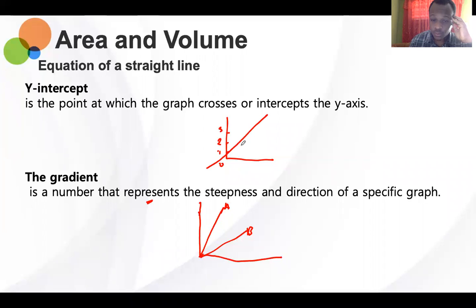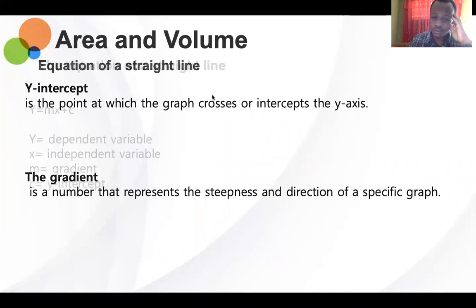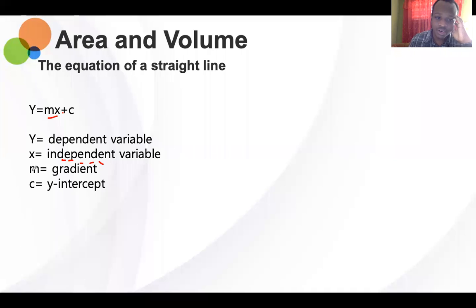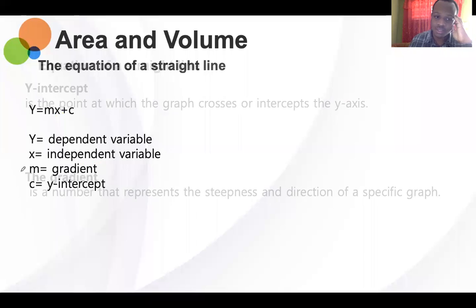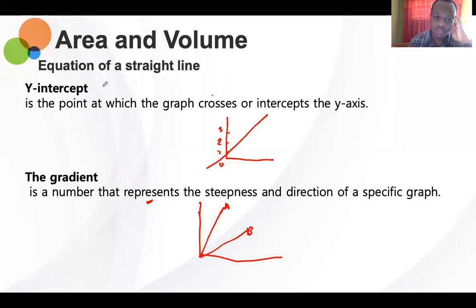Sir, 1. 1 would be the value of our y-intercept. As I said, it's very easy. See, it didn't take us a minute to go through, right? So the gradient is represented by m, and the y-intercept is represented by c. So in this case, c is equal to 1, because the line cuts the y-axis at 1.